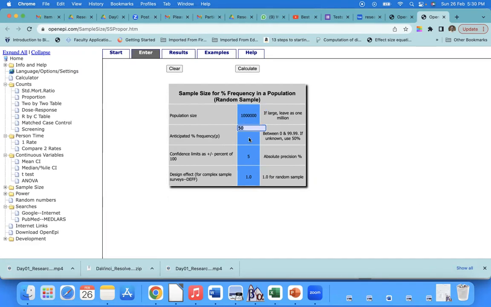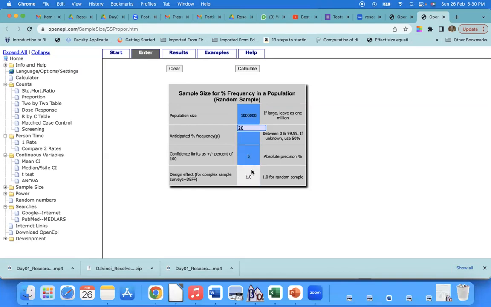We are assuming that 30% of the population have an outcome, say hypercholesterolemia, maybe not 30%, maybe 20%. In a district, you want to know what the prevalence of hypercholesterolemia is. So anticipated frequency, I put 20.